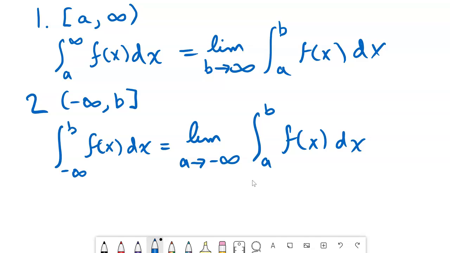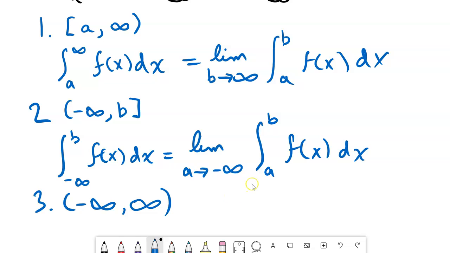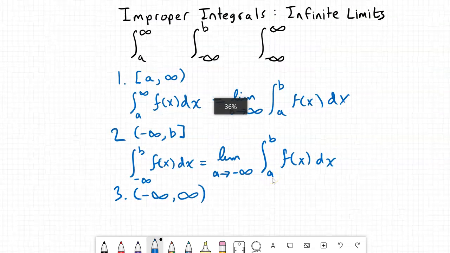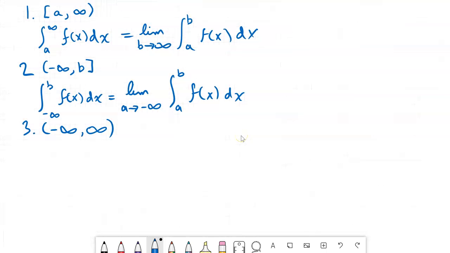The final one is when f is continuous throughout the whole interval, from negative infinity to positive infinity. I'm going to scroll out a little bit. What I want to do is find the integral from negative infinity to infinity of f of x dx.